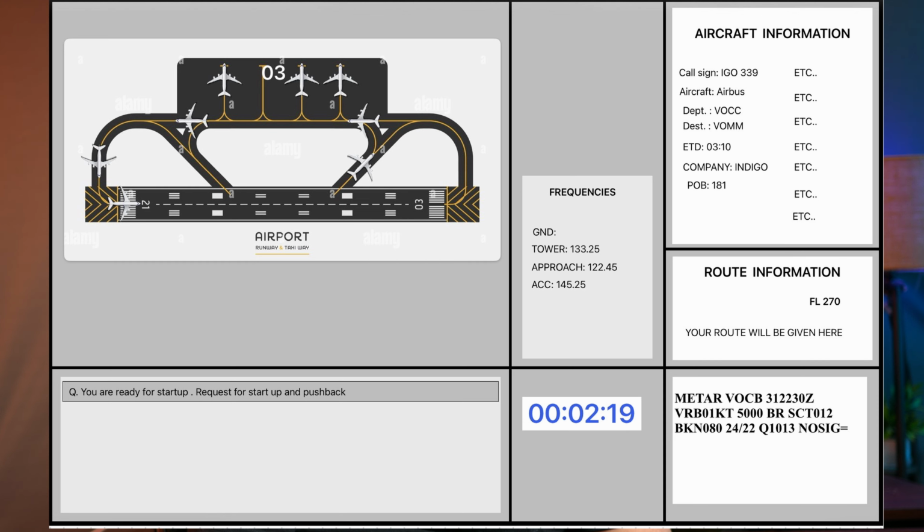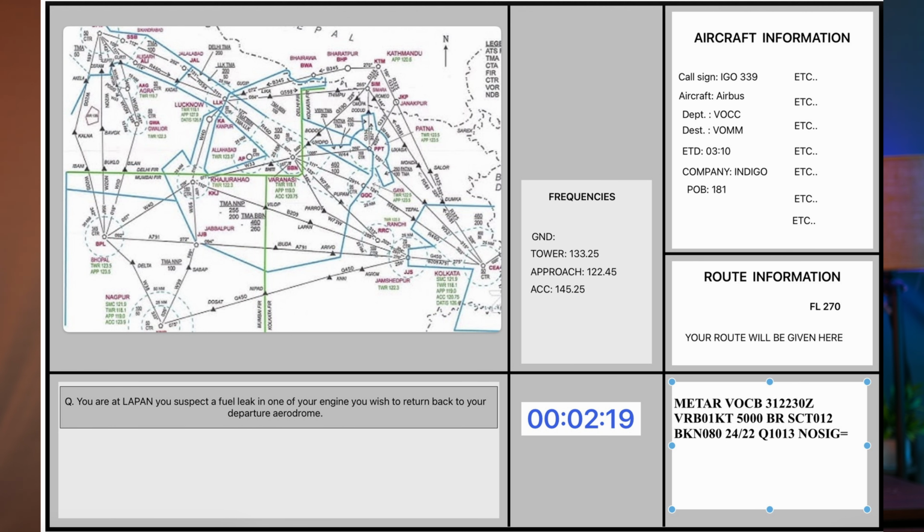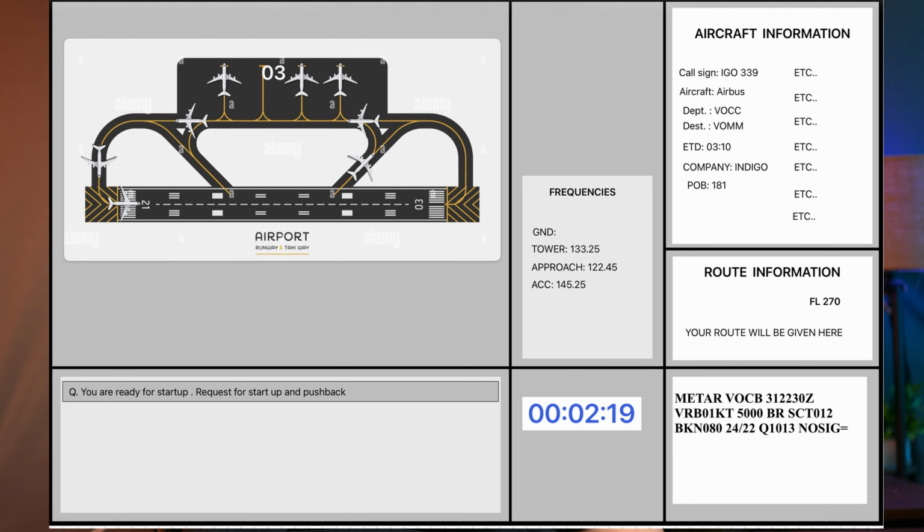The top part contains all the aircraft information like aircraft type, registration, call sign, passenger count, POB, departure aerodrome, destination aerodrome, airlines, etc. And the bottom part will contain information like route in waypoints and VORs, cruise flight level as per the flight plan, type of flight, weather, VFR or IFR, and then below that will be the METAR.